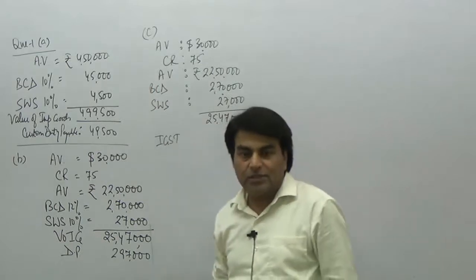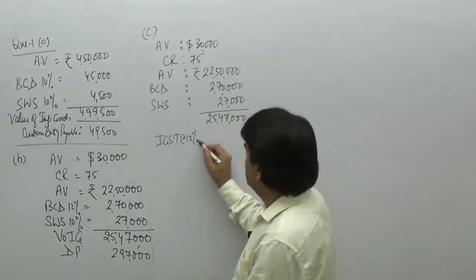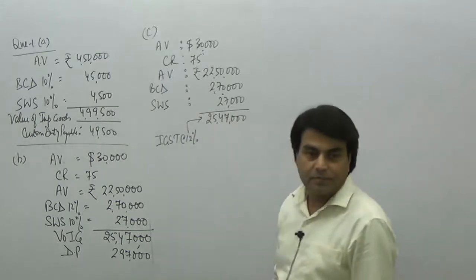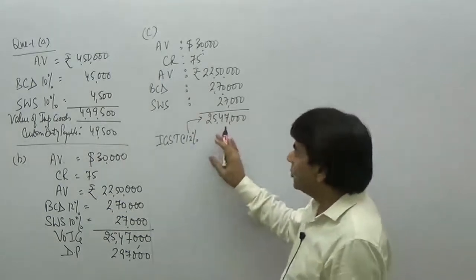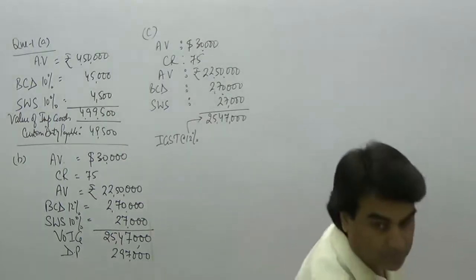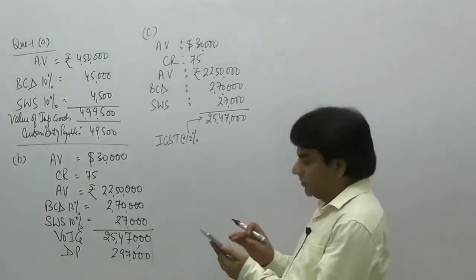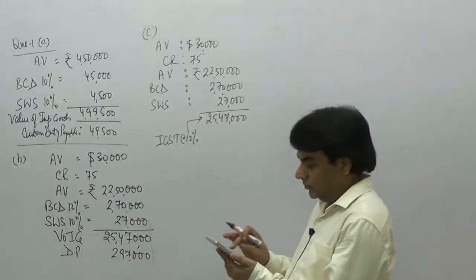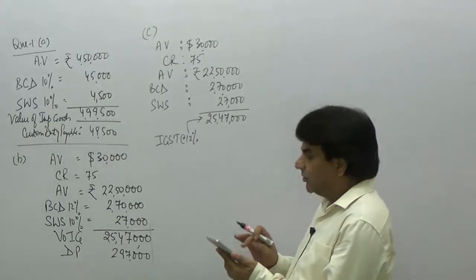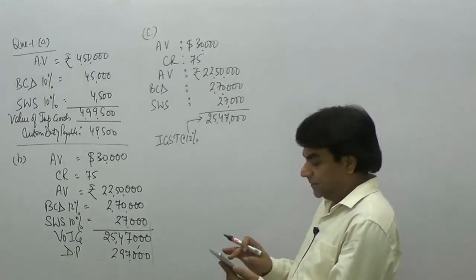IGST, the rate of IGST given is 12%. So IGST at 12%. Now you need to apply this 12% rate on this amount. Okay. So 12% on 25.47 lakhs. 25,470,000 multiplied by 12%.